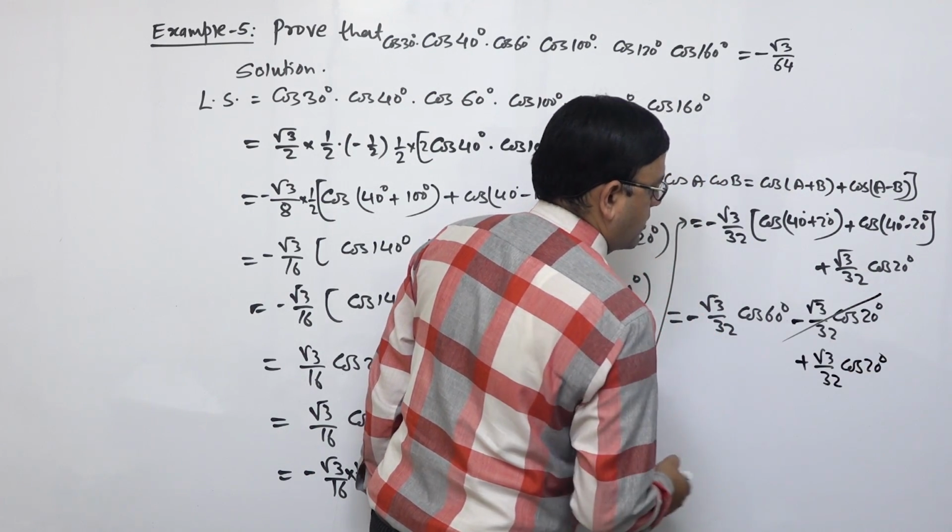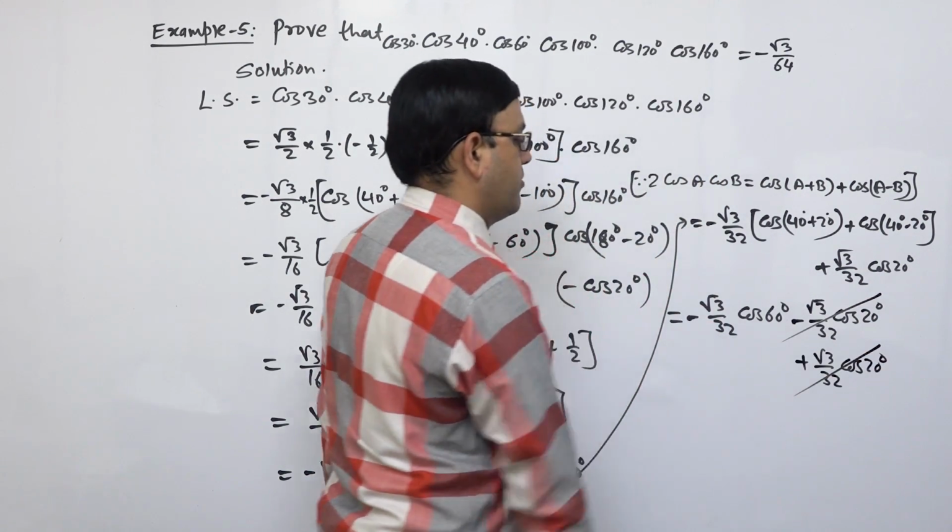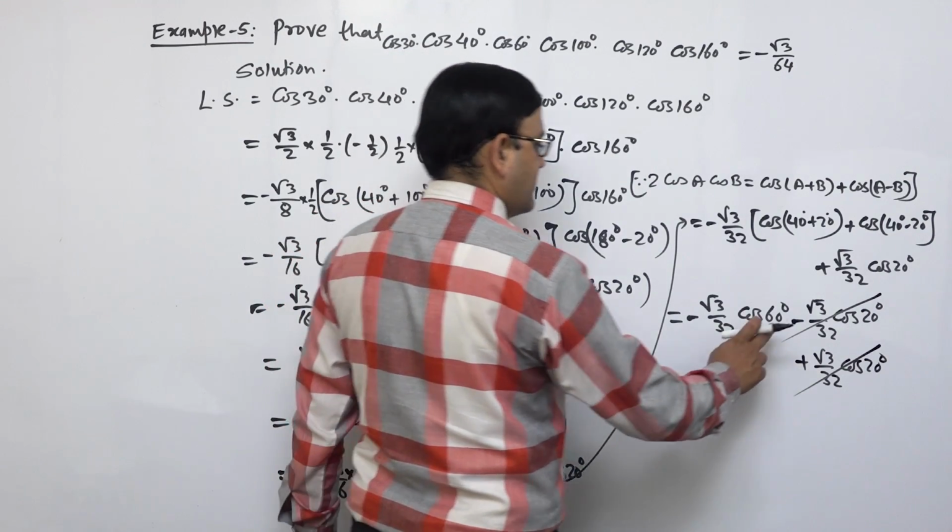This is minus cos 20 degree, this is plus root 3 by 32 cos 20 degree, they cancel each other.